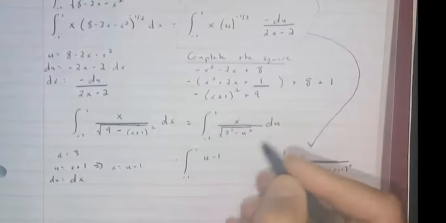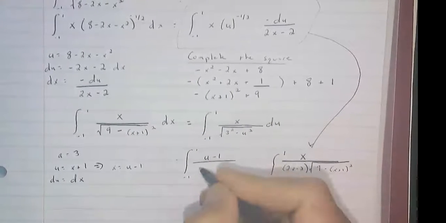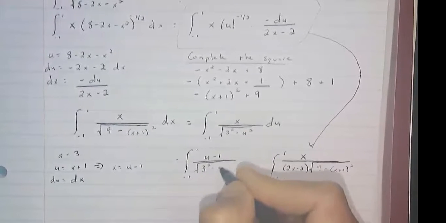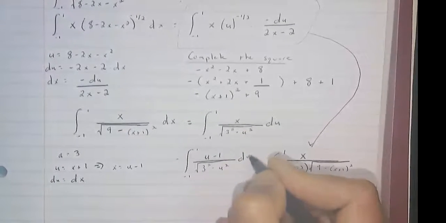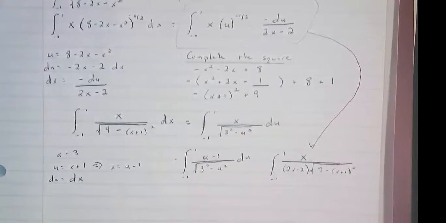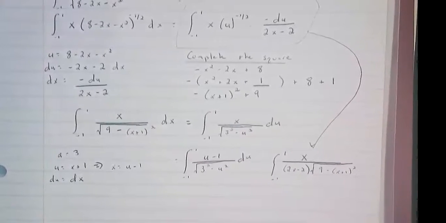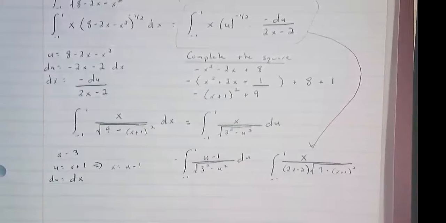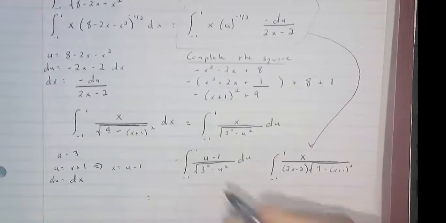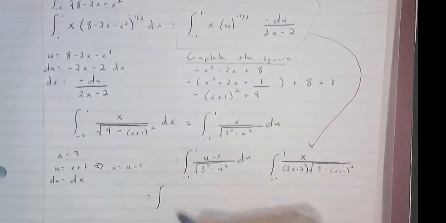U minus 1 over the square root of 3 squared minus u squared du. And then we can maybe break this up into, well, let's see how far this goes.